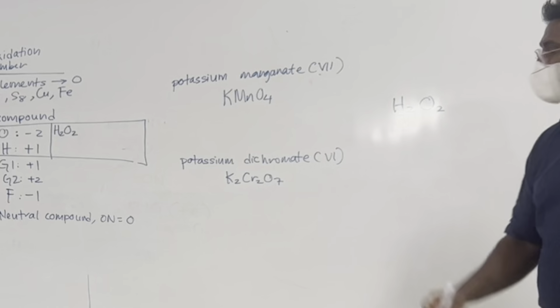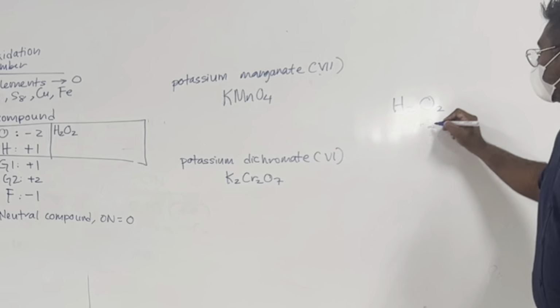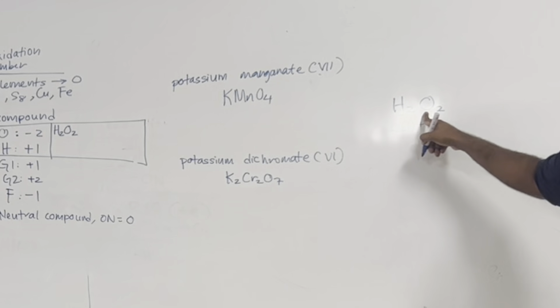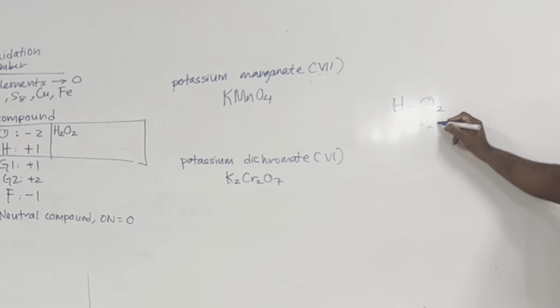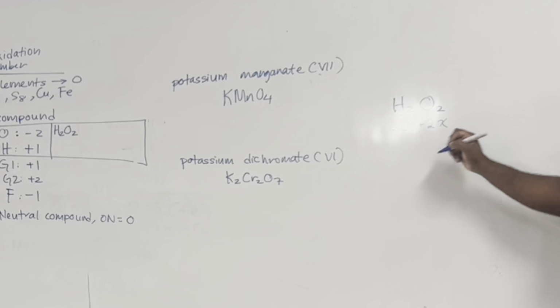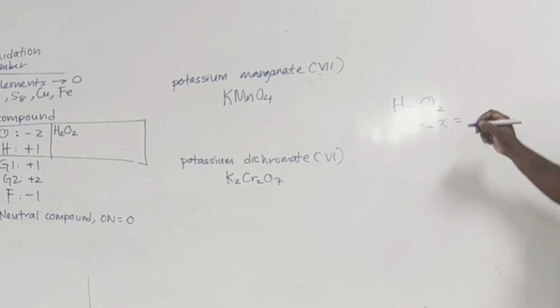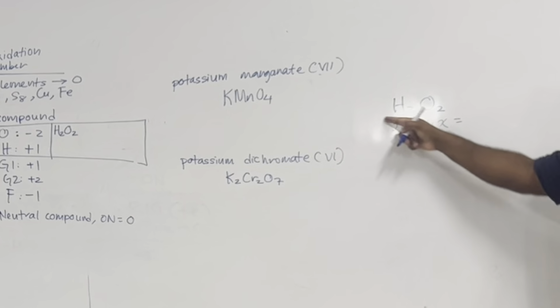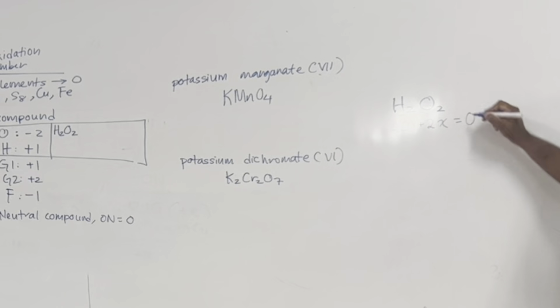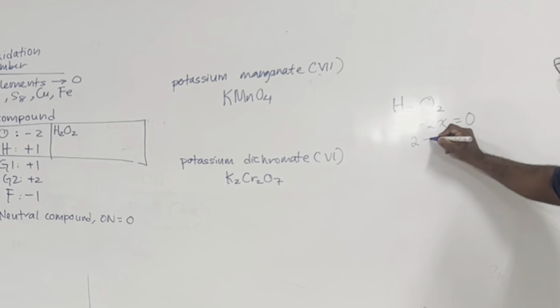And then the 2 oxygens, I do not know what this is, so I put it as X. Even though I say oxygen is always -2, for H2O2 it is different. I'm just going to find out the X for you. It equals to overall 0. Rule number 3. So you find what is X.